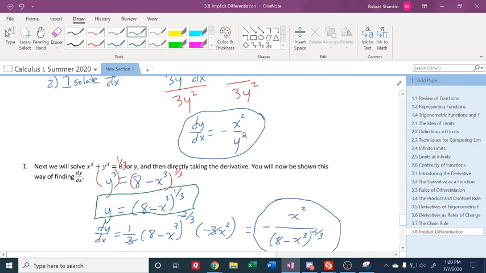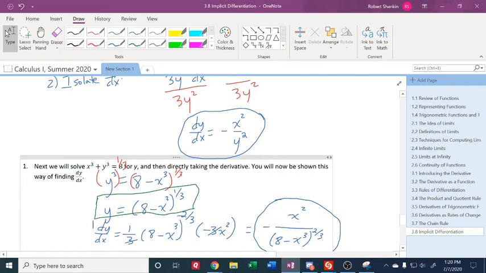If you substituted 8 minus x cubed to the 1/3 for that y right there, then you'd have this thing squared, power to a power you would multiply, and that would give you 8 minus x cubed to the 2/3, and you see that that answer means the same as this answer right over here.